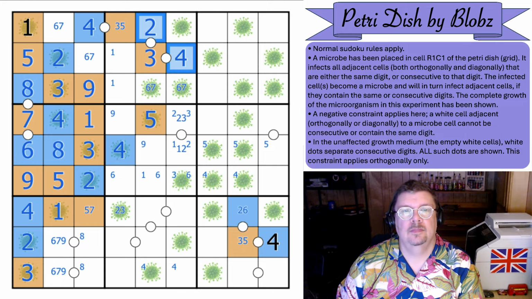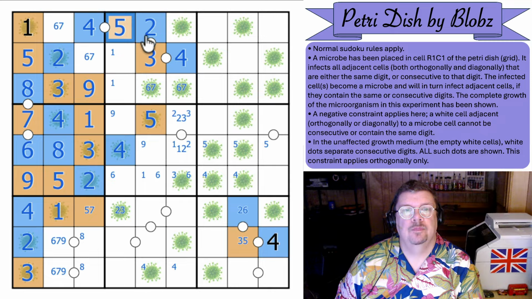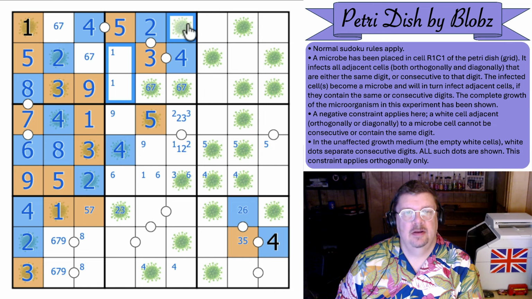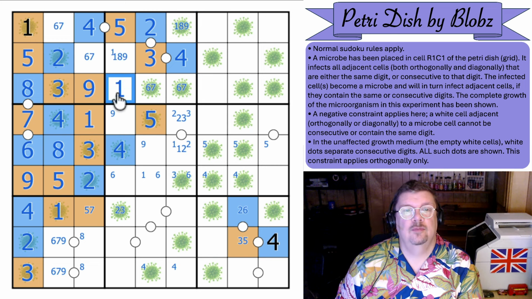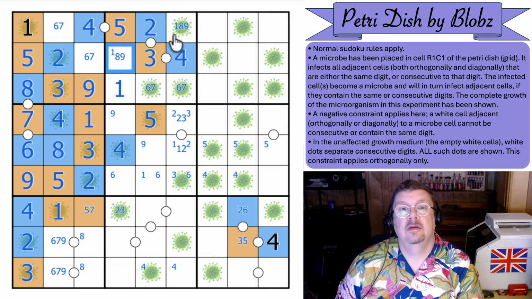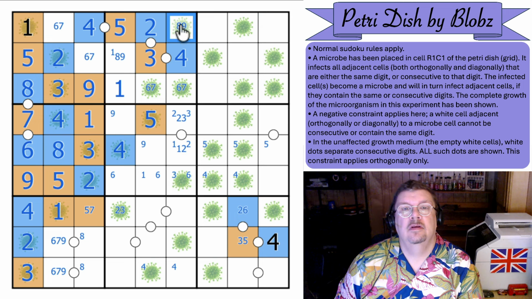That 3 makes this a 5. All right, so these 3 digits are 1, 2, 8. No, 1, 8, 9. So that's the 1. So if that's 8 or 9, that has to be 7, 8, or 9.